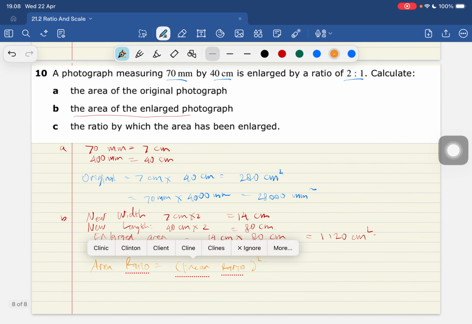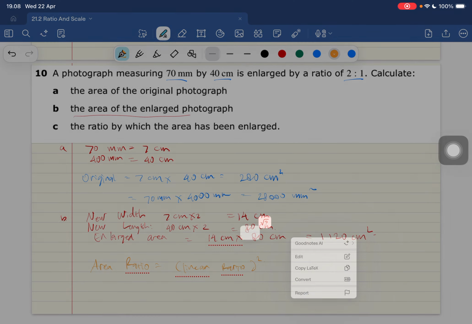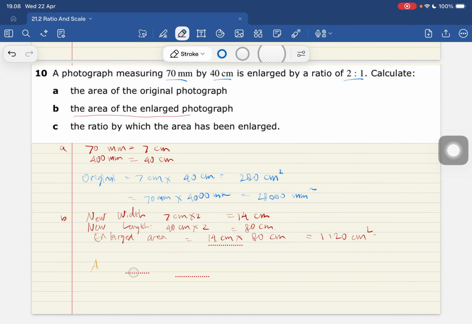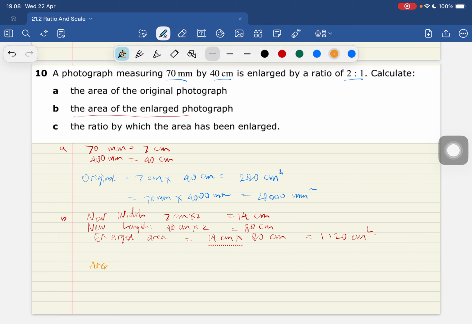Let me rewrite again. So the area ratio is equal to the linear ratio squared. The linear ratio is 2, so make it 2 squared. This is equal to 4.